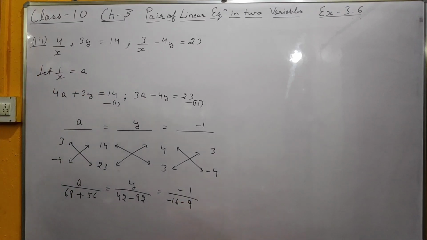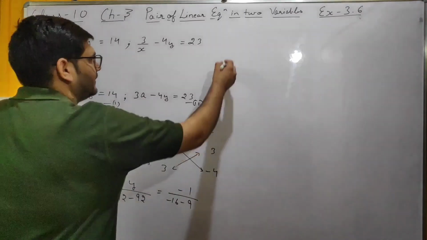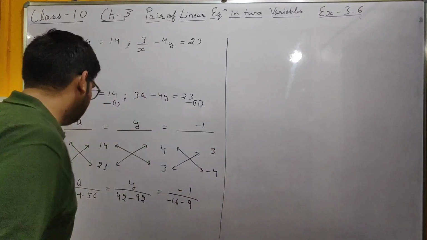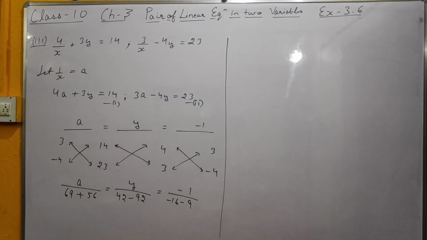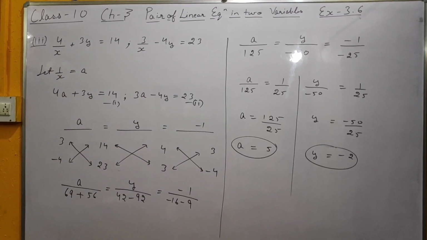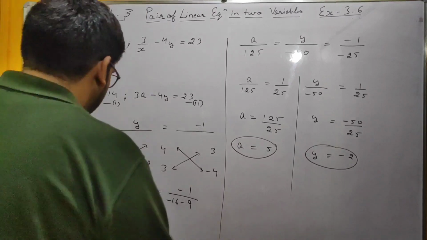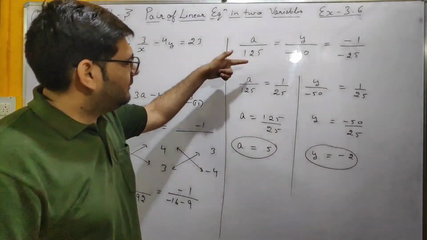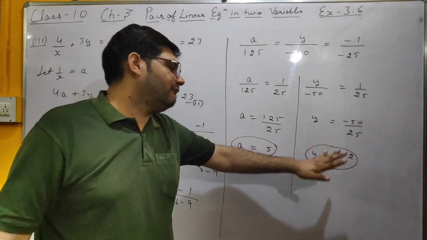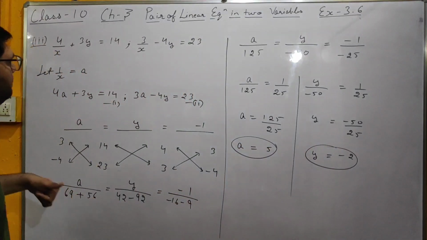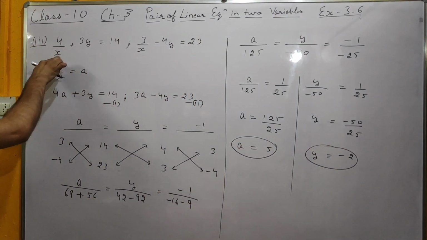Now we'll add and find the answers. After solving, we found that the value of a is 5 and the value of y is minus 2. But we need the value of x and y.